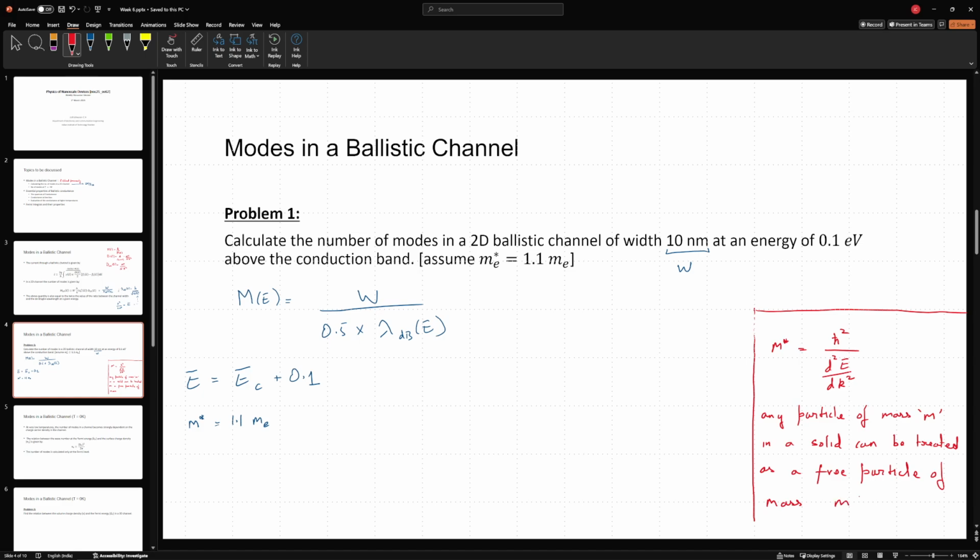So that is the whole idea of the effective mass.